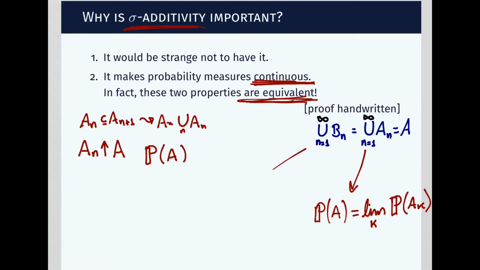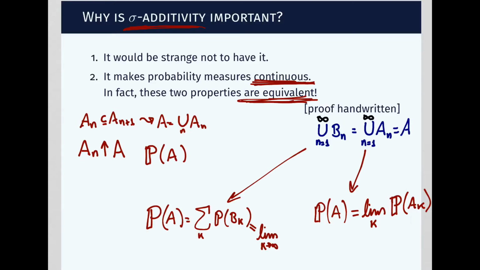And assuming we have sigma additivity, we get that the probability of A equals the sum over K of the probability of B_K, which by the theory of summing infinite series is simply the limit over K of the sum over n up to K of this probability.